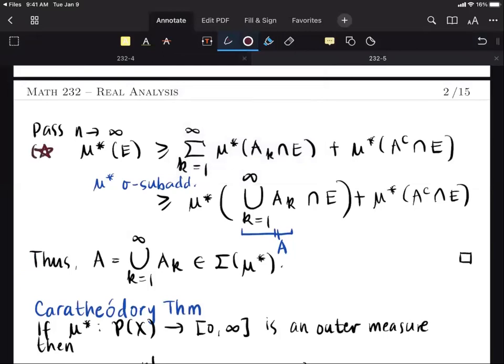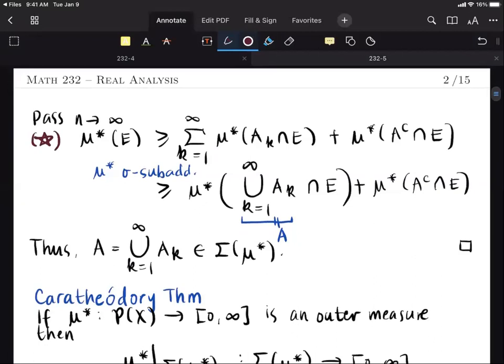Let us call this star. If you take E in this inequality, okay, so let us copy that for reference.